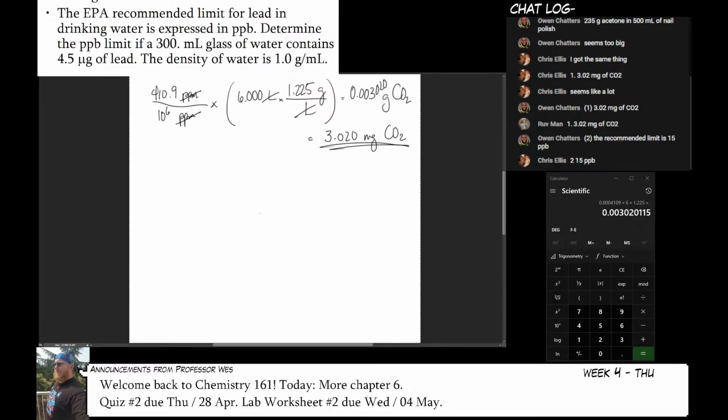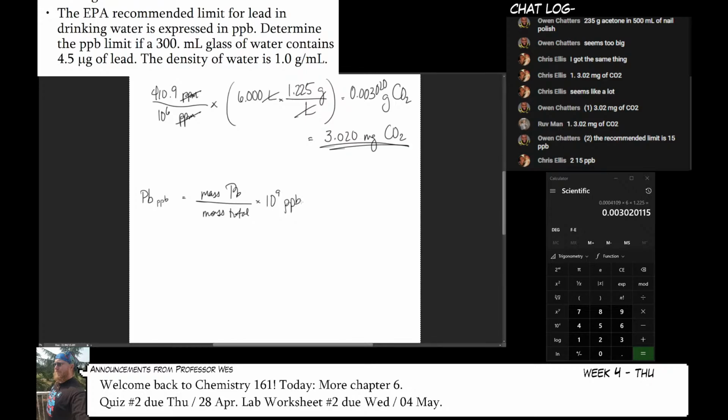All right, same situation with our lead problem here. So we'll say that the lead parts per billion, ironically, they all have the same letters in there, will equal the mass of lead divided by the mass total times a billion parts per billion.